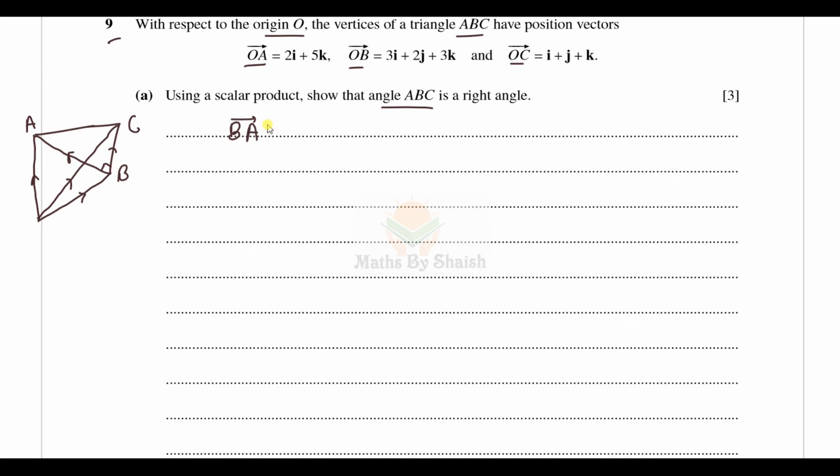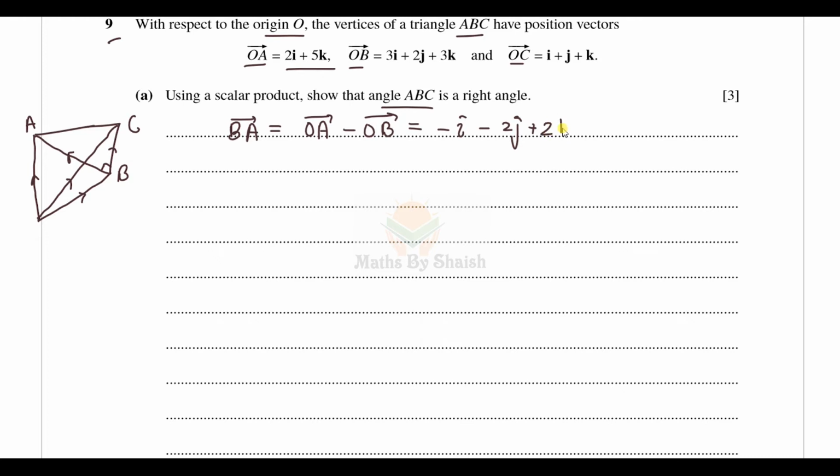So first of all we require to find the BA vector. BA vector is OA vector minus OB vector, and we'll get it from here. OA is 2i plus 5k, and minus OB, that is minus i cap, minus 2j cap, and plus 2k cap.